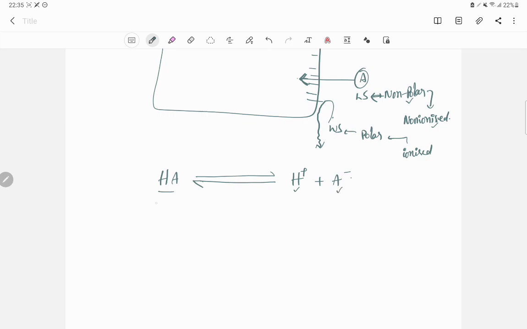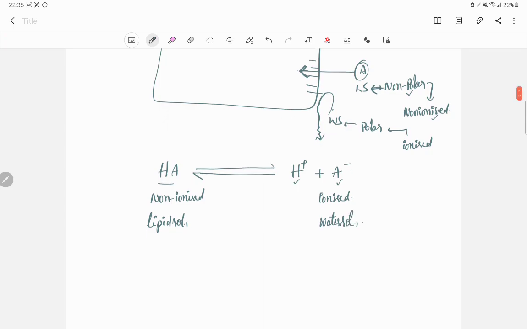Or I can say non-ionized form converted to ionized form, or another way we can say lipid soluble form converted to water soluble. Okay, this is the basic.